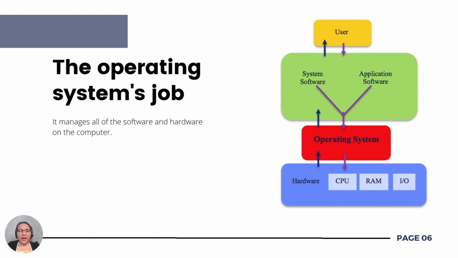For these programs, the ones that are open, to access the central processing unit and also the memory and storage, of course, you will be needing the operating system to coordinate this process. The operating system coordinates all of this to make sure each program gets what it needs.